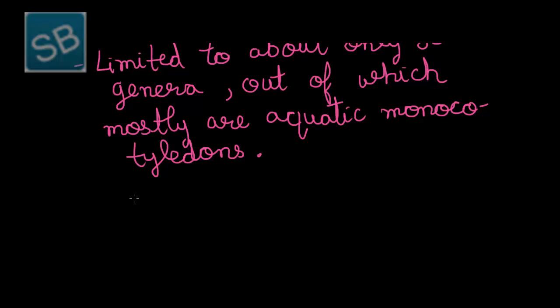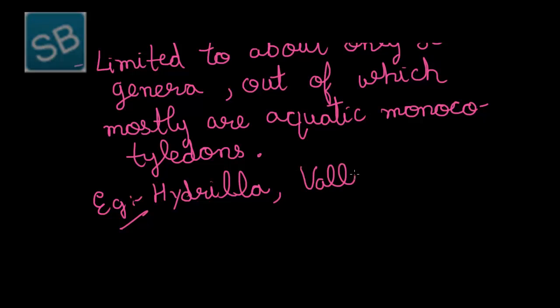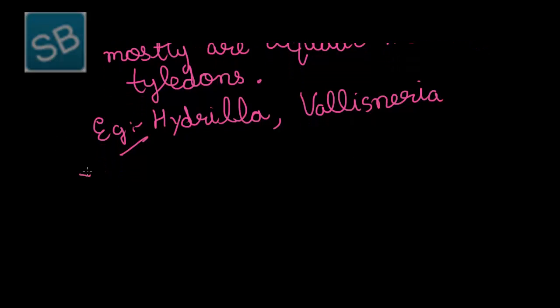Examples of water-pollinated plants include hydrilla and vallisneria. For example, in vallisneria, the male flowers come to the surface of water and release their pollen on the water surface.